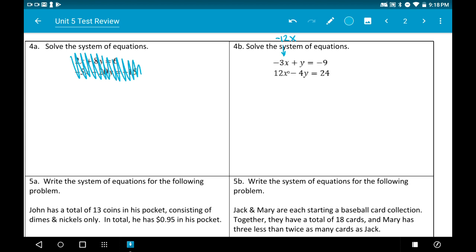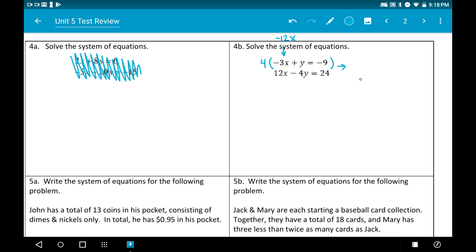So I have to think, what could I multiply negative 3 by to give me negative 12? Well, the answer to that is a 4. Because 4 times negative 3 would give me that negative 12. That cancels out the positive 12. So I'm going to multiply each one of these things by a positive 4.